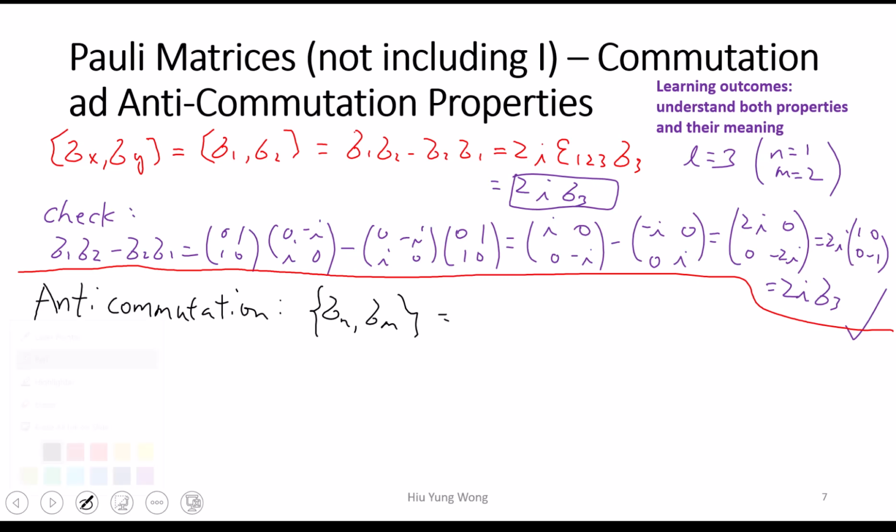Can you guess what would be the equation for anti-commutation? For commutation it is sigma n, sigma m minus sigma m, sigma n. How about for anti-commutation? If I say they're very similar, what will you guess based on the name? Okay, that's a good guess.